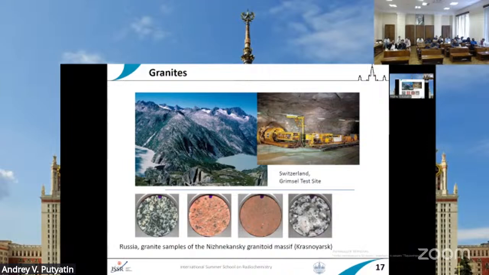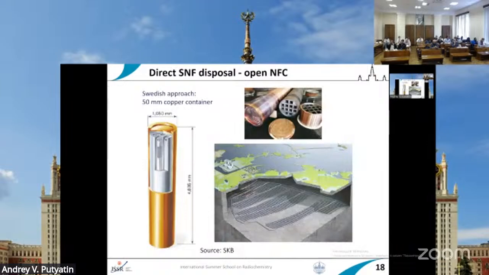And here are some examples of granite samples from our future site near Krasnoyarsk. These samples were taken from different parts, not far away from each other, and you can see quite big variations in the mineral composition of the granite samples, even, I would say, in the same area.